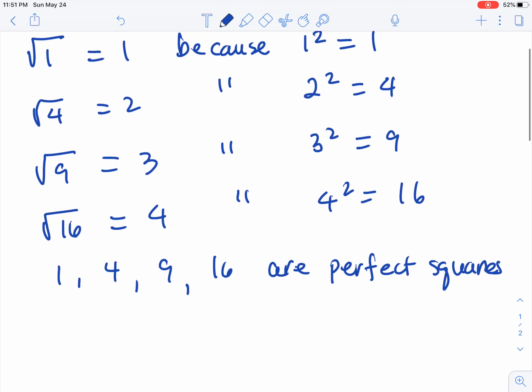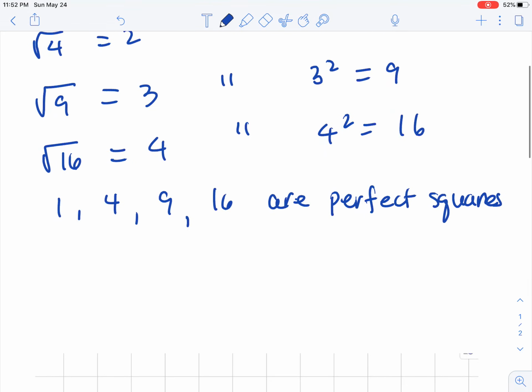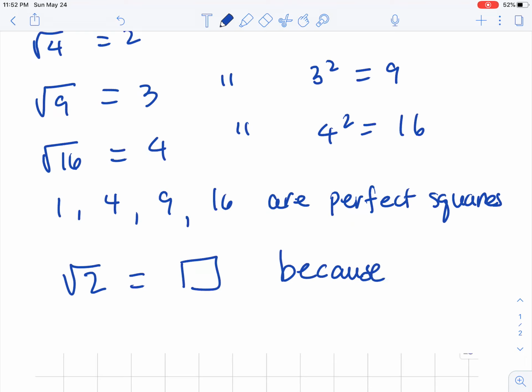Pero kung mapapansin nyo, may mga numbers kagaya ng square root of 2, no? Halimbawa, square root of 2, ano ba siya? Something squared is equal to 2. So, kumbaga, ano ba yung isi-square natin na number para maging 2 siya, di ba?